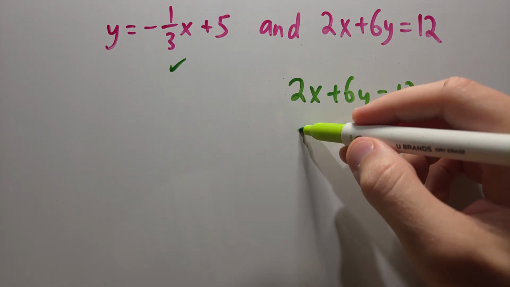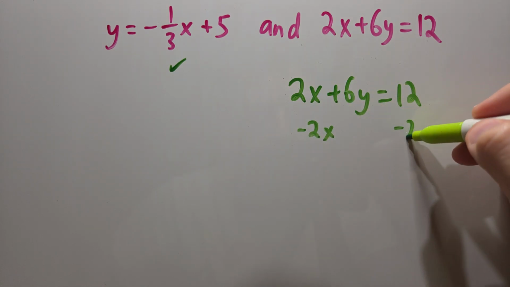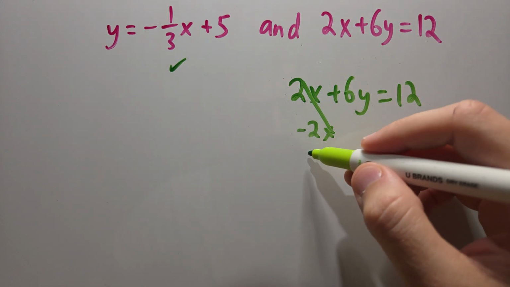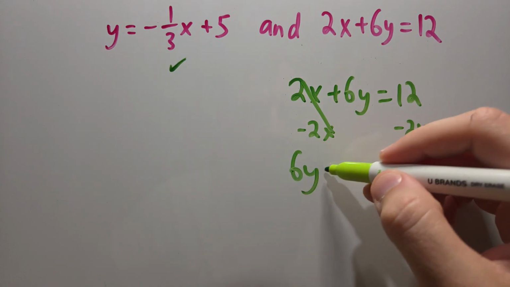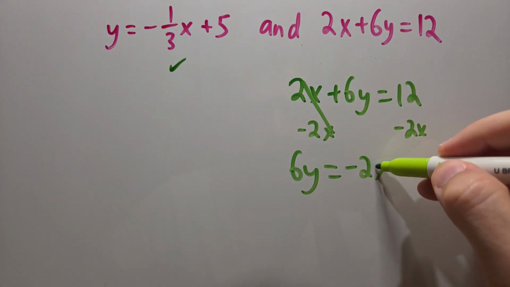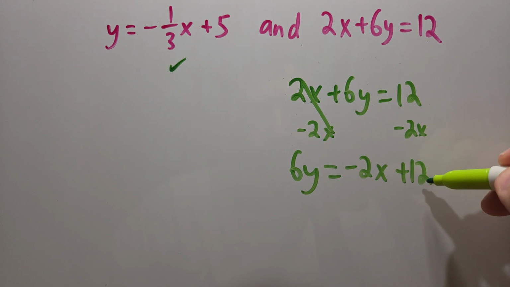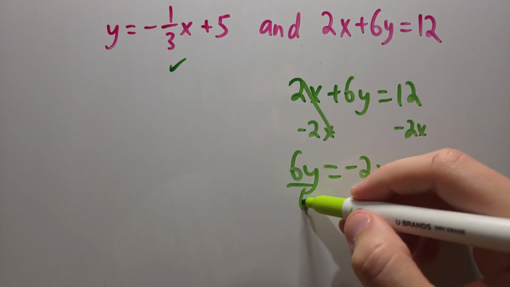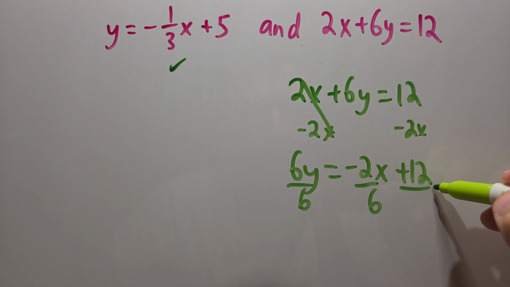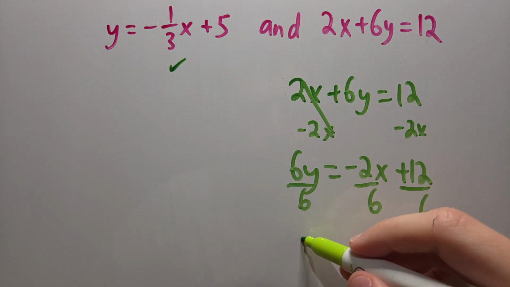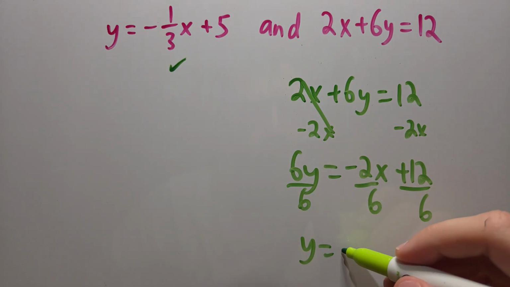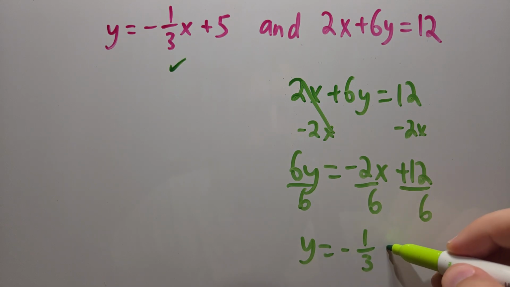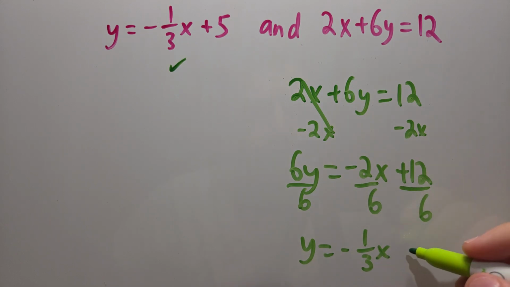Start by taking away 2x, giving us 6y equals -2x plus 12, and then divide everything by 6, leaving me with -1/3 x, and then plus 2.